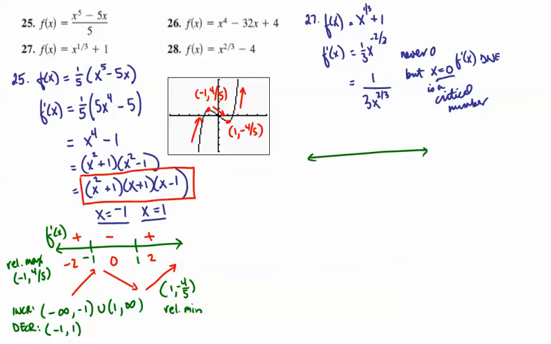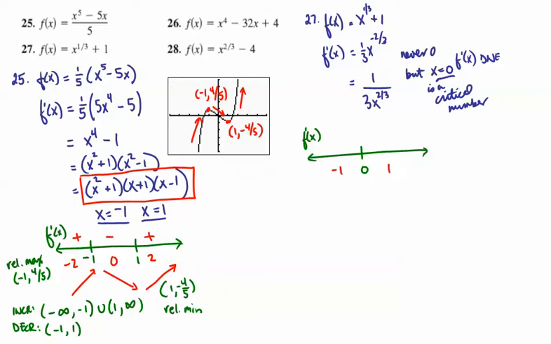Now the original function is defined for all values of x, and at x equals 0 we're going to test to the left. We have a -1, to the right a +1, and we're working with f prime of x. So we're going to plug these numbers into the derivative.